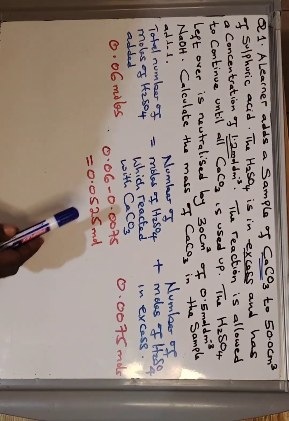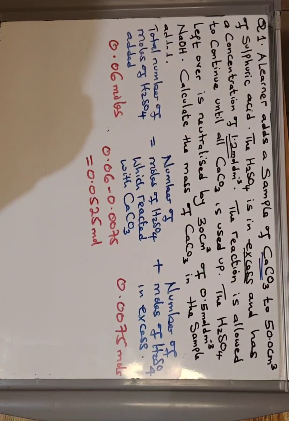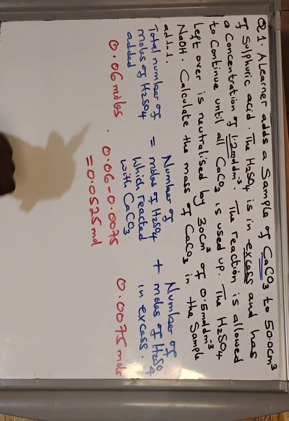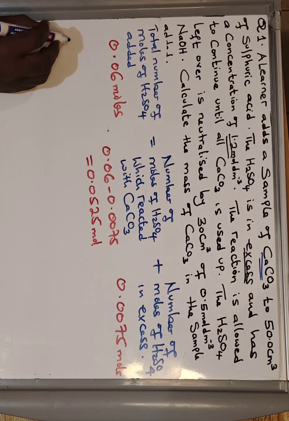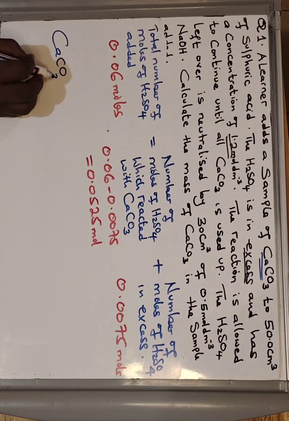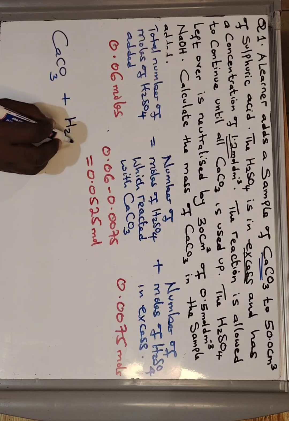Now we come here, so we know the number of moles of sulfuric acid which reacted with calcium carbonate. So what do we do next? Next is that now we see this reaction. What's the reaction? The reaction is between calcium carbonate reacting with sulfuric acid.